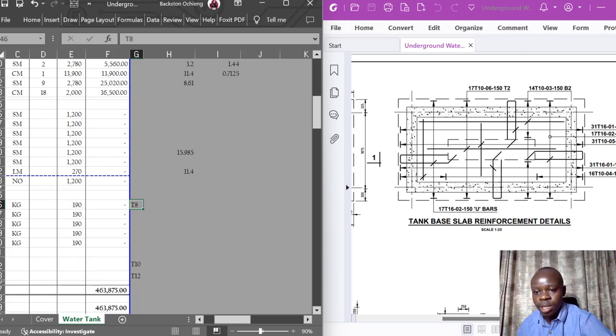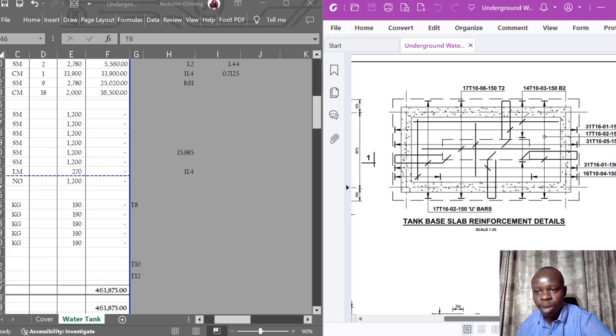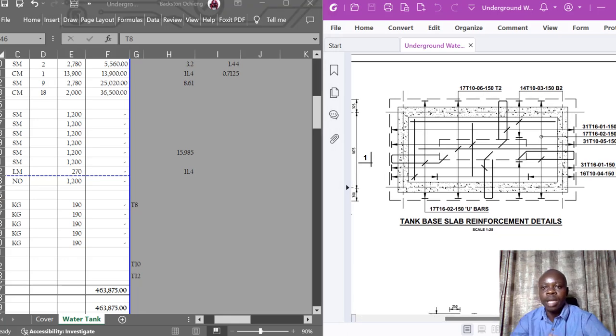Now, this is a typical layout that has been designed, and from it, we should be able to get our kgs. Looking at the way the items have been numbered, they are always given according to bar marks. From these bar marks, you should have a procedural order so that we measure them in a certain order.